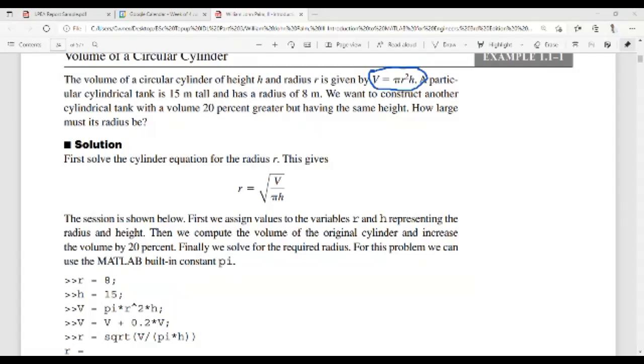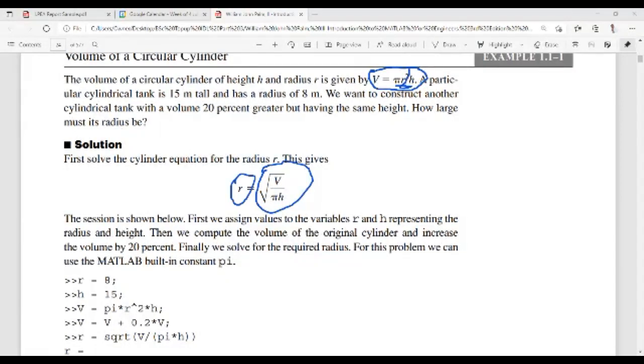If you want to solve for the radius using MATLAB, then you have to make the radius the subject. Meaning all of this you go and divide by V. Then because r is squared, you find the square root of everything here to make r stand alone.